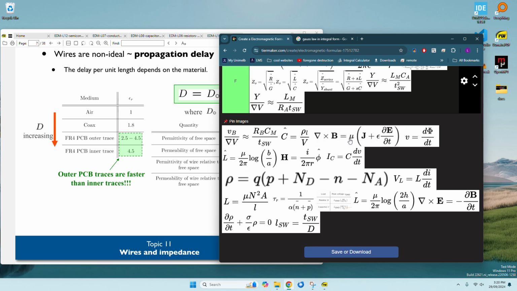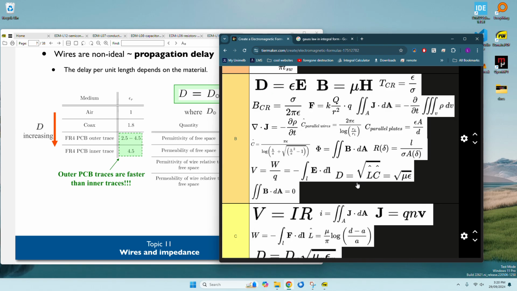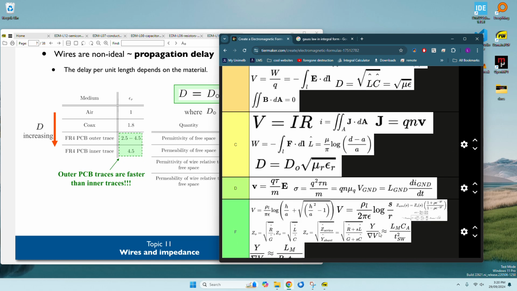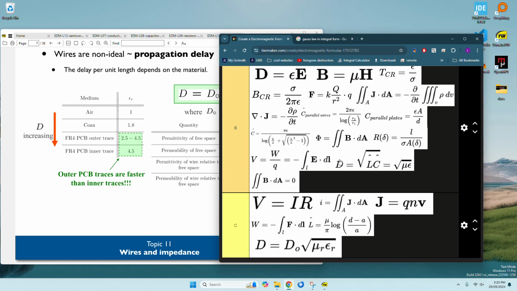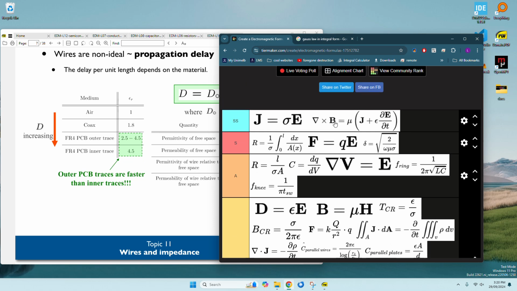This is another one of Maxwell's equations. This one's pretty important, so we'll put it in SS tier because it's Maxwell's, and it's not boring like this one. I think this is Ampere's law, and it tells you that the magnetic flux out is dependent on the current, which is obviously very important.